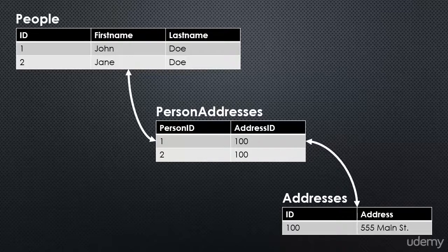So this is what's called well-normalized data. That is basically to say data that doesn't repeat itself unnecessarily. We minimize how much space we're taking up in the database, and we structure our data in a way that makes it easy to ask interesting questions.